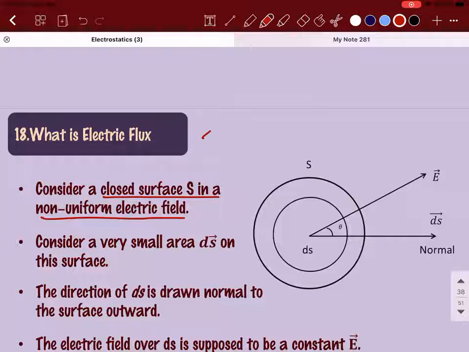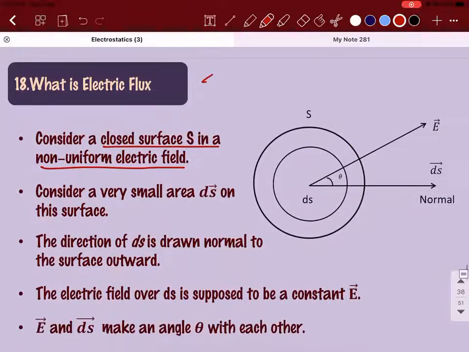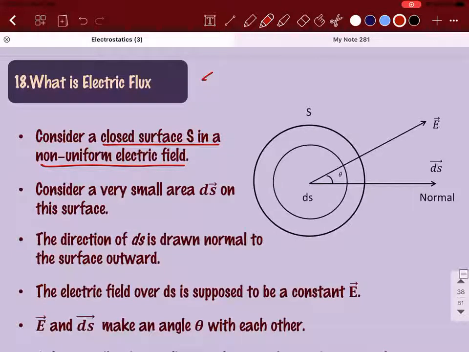The next concept that we are going to discuss is called electric flux. When I talk about electric flux, it mainly speaks about the number of field lines that are passing through a given area perpendicular to it. That's the simplest definition.